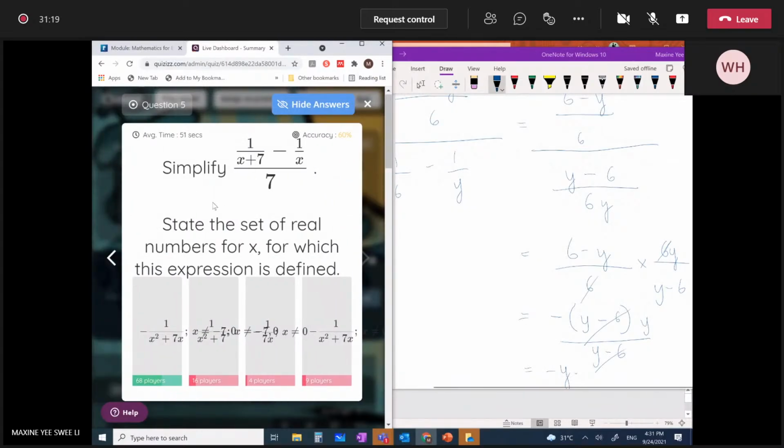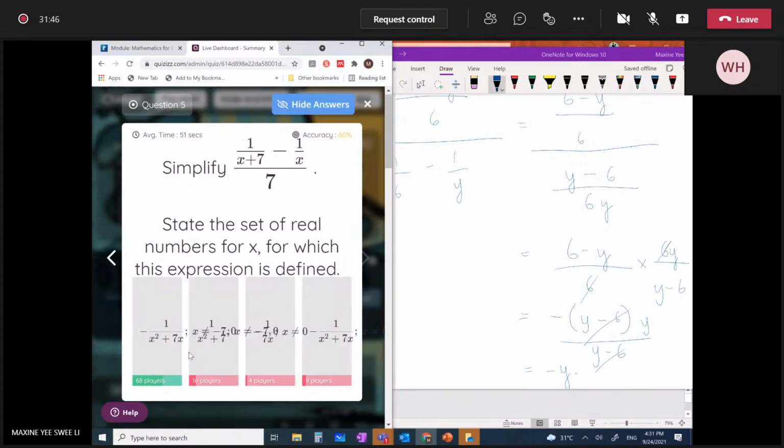The next one is the last question. Simplify this. This is actually from question 4 in the chapter notes. Simplify the given rational expression and then state the set of real numbers for x for which this expression is defined.